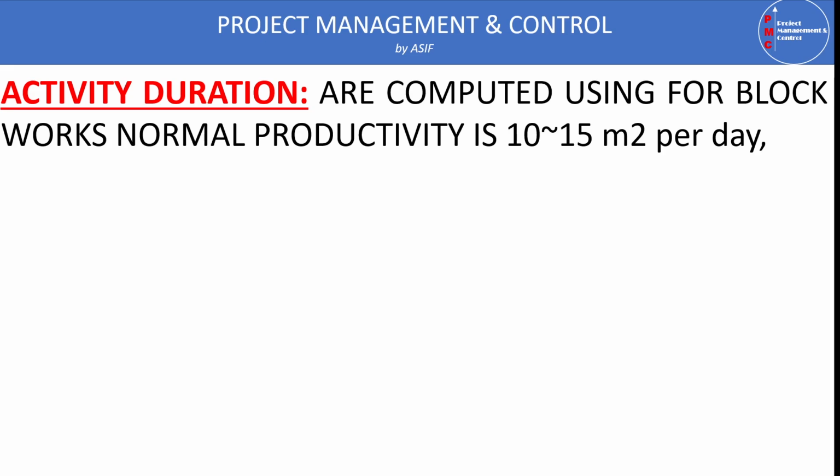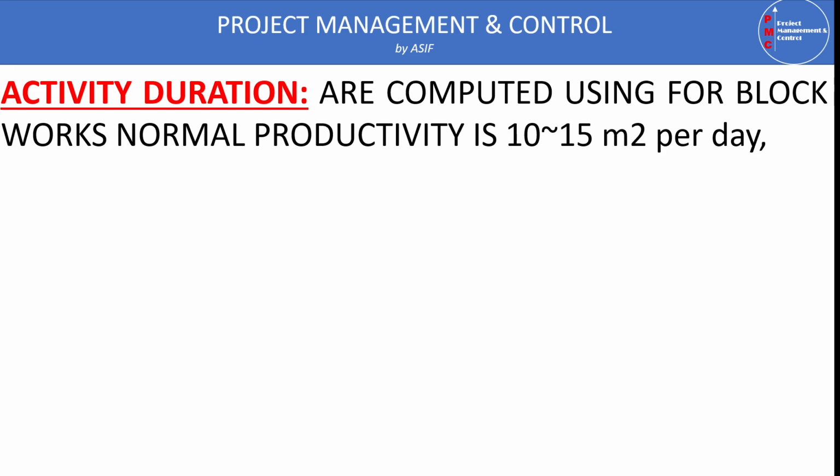So activity durations are computed. For example, I'm taking block work as an example because it's a simple activity. If you are going for concreting, you need either production per cubic meter, including reinforcement and steel. Sometimes it depends on our BOQ.